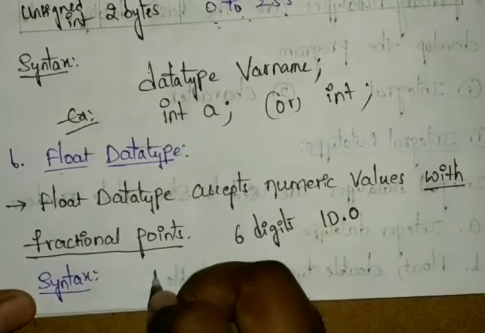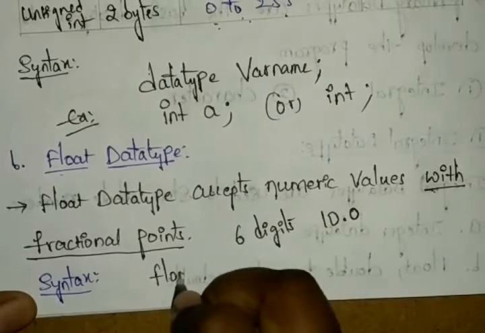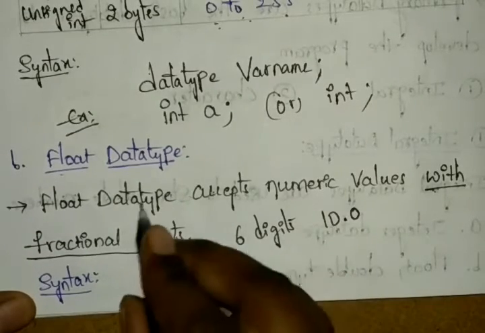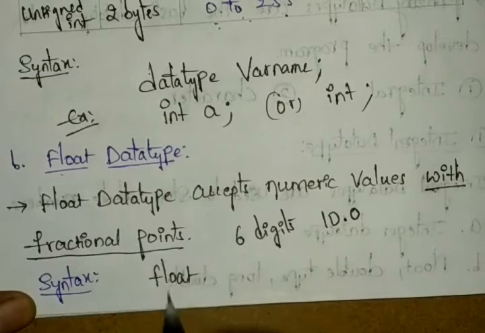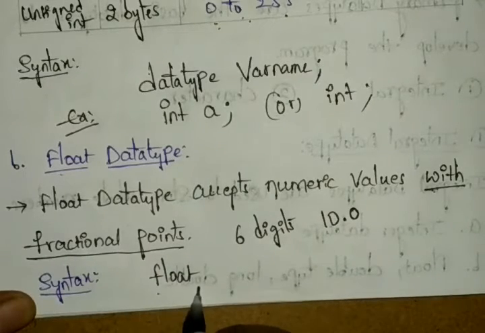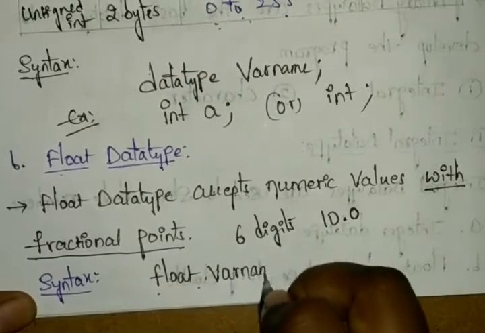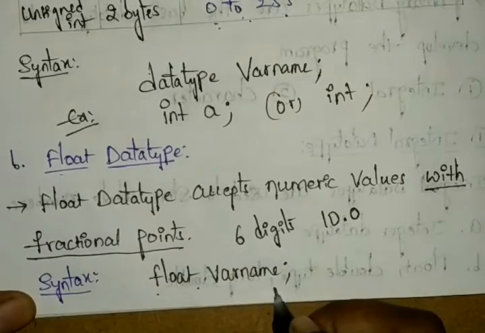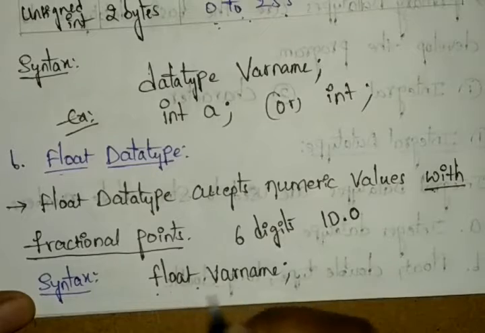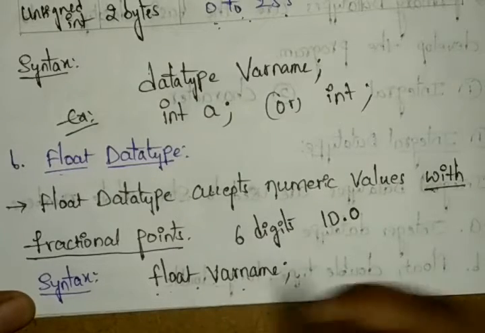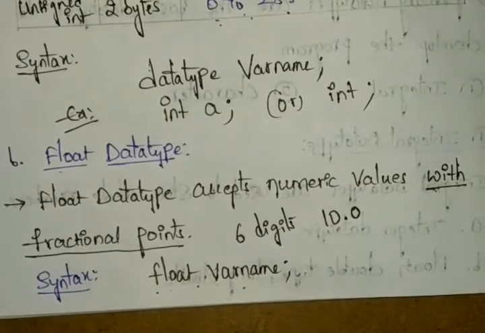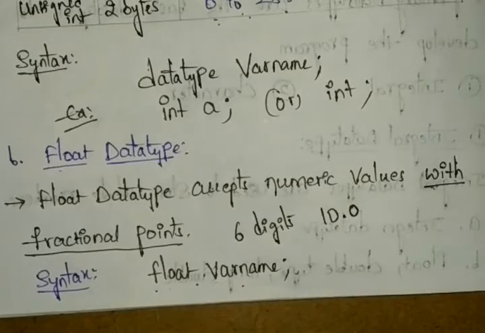You just mention float with the data type. Float, then the variable name. So if you have a, you can mention float with the variable name like this. And next, let's see the keyword for the float data type.